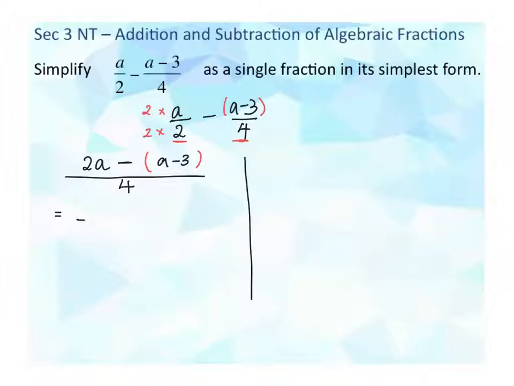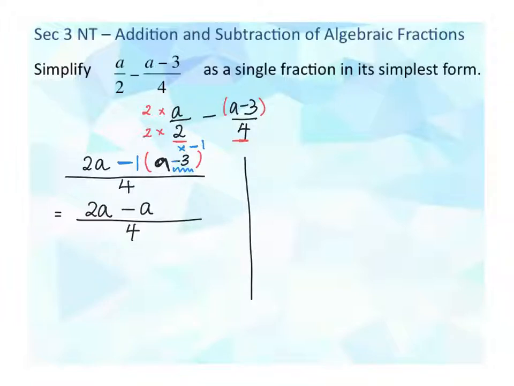Expanding our brackets, we will get, this is still 2a, this is minus a, so minus a. Remember the one at the back over here, we need to multiply by, now this number in front is actually negative 1. So we need to multiply by negative 1.